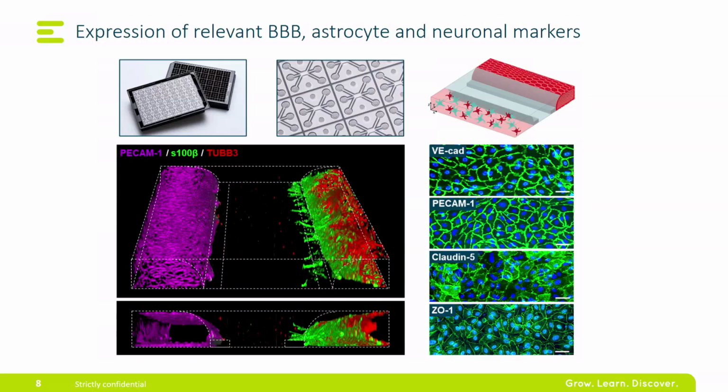And then here in the bottom channel we have our astrocytes and neurons, which are labeled by S100 beta and tubulin 3. And then we also checked for the tight junction formation to make sure that our barriers were tight enough to represent that neurovascular unit that we have present within our brain as well.